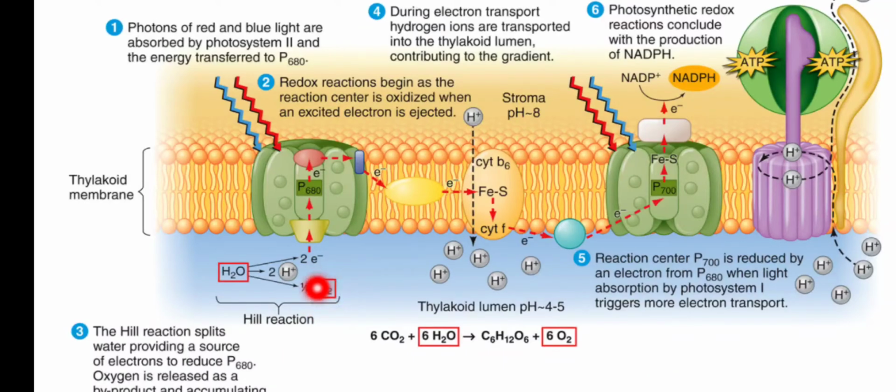When you say oxygen radical, you have oxygen with an unpaired electron. So you have a single unpaired electron here.